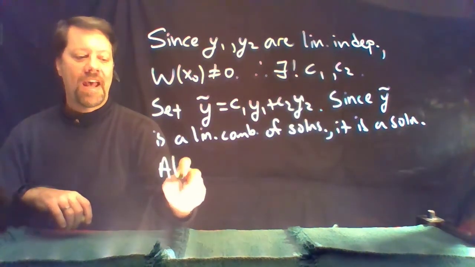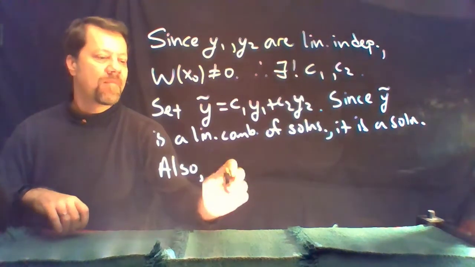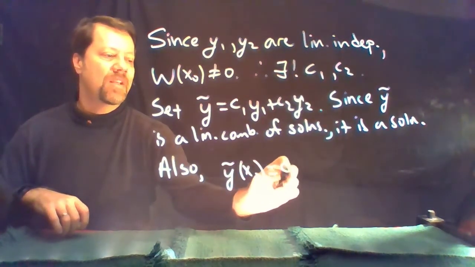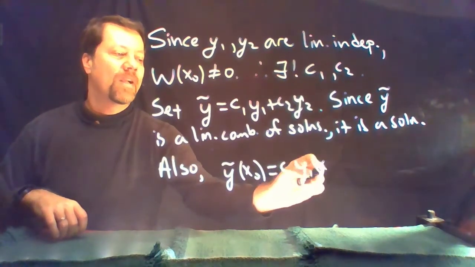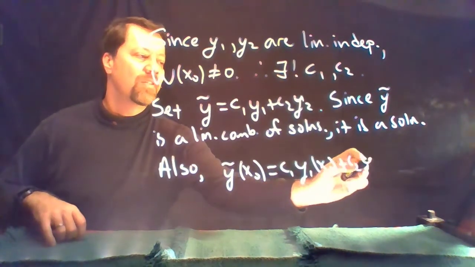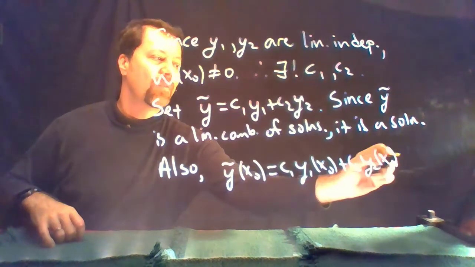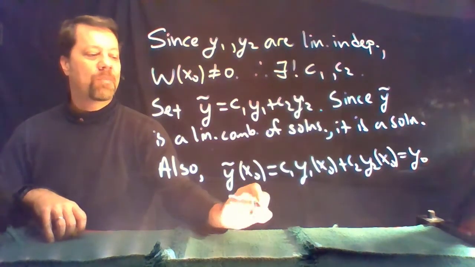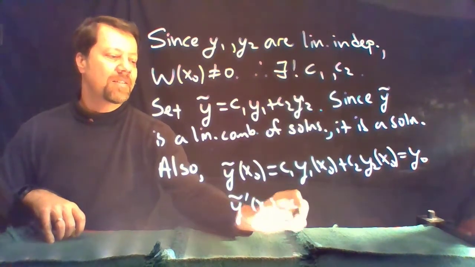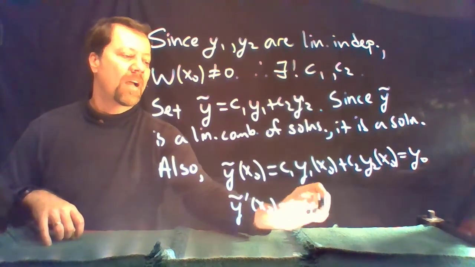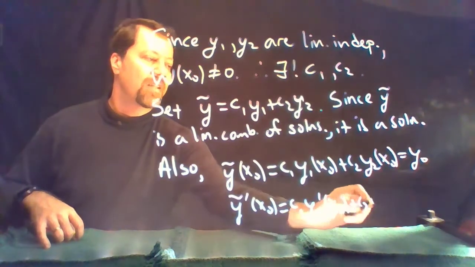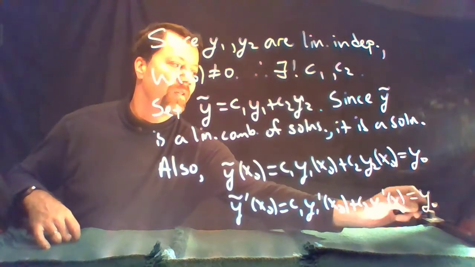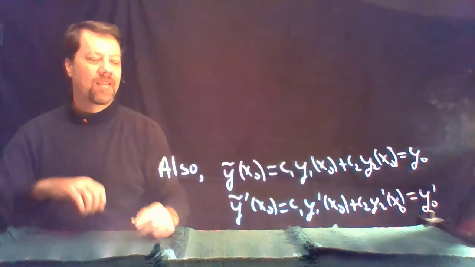We also have y tilde at x naught equals c1 y1 at x naught plus c2 y2 at x naught, which is equal to y naught. Y tilde prime at x naught is c1 y1 prime at x naught plus c2 y2 prime at x naught, which is y naught prime.